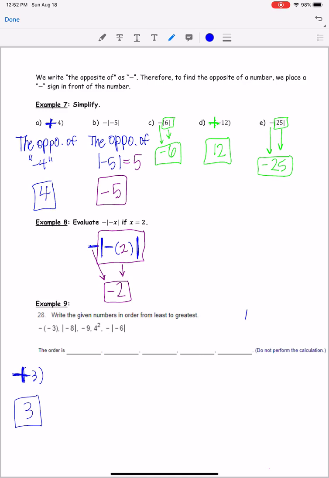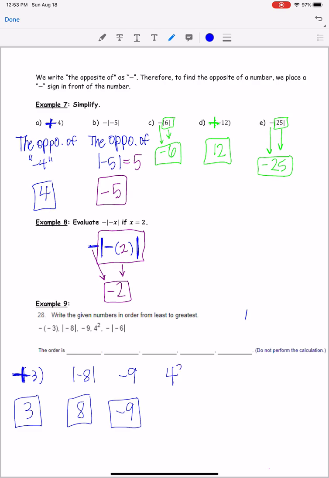Next, we have the absolute value of -8. Well, the absolute value is just the distance from 0. Distance is always positive, so the absolute value of -8 is +8. We have -9. -9 can't simplify to anything, so -9 is -9.